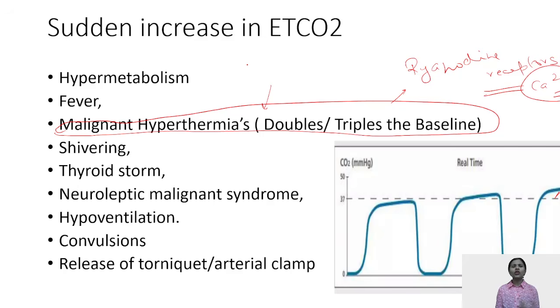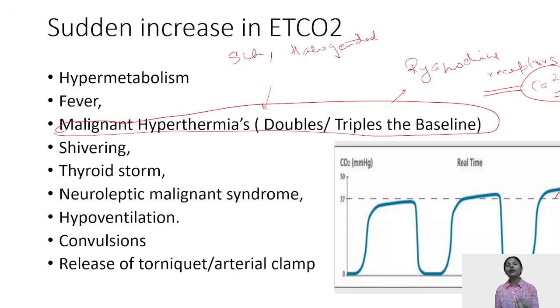And in this, the patient has a very high grade fever, the patient has an increase in EtCO2, and the suggestive hints in the question would be that such patients have a history that they were given scoline or any halogenated agents just before the intubation, or just before this EtCO2 curve had such a high peak.